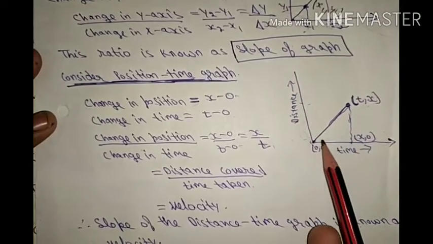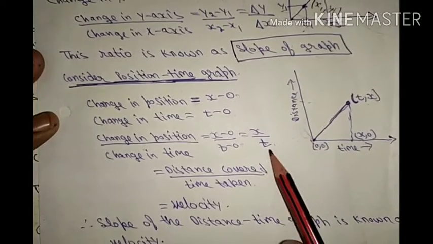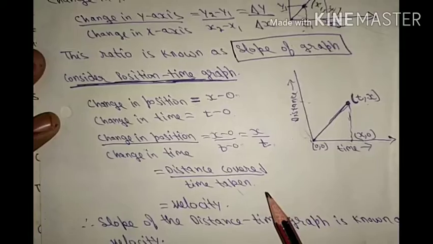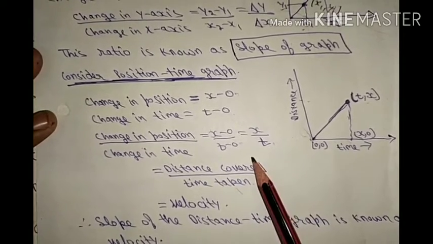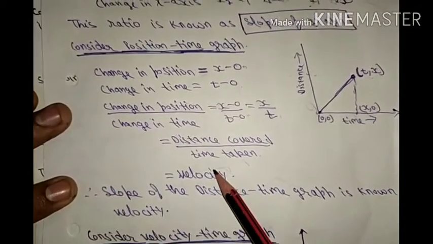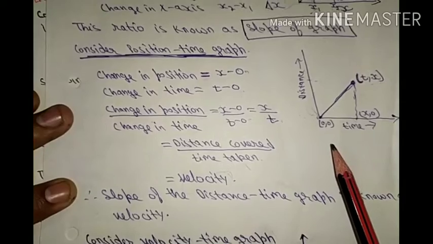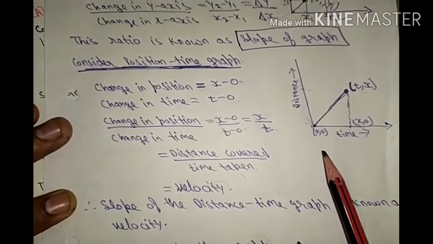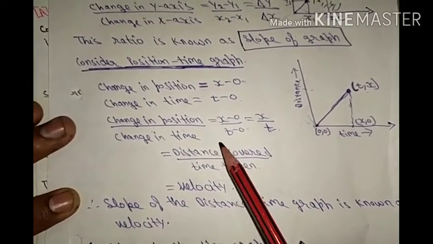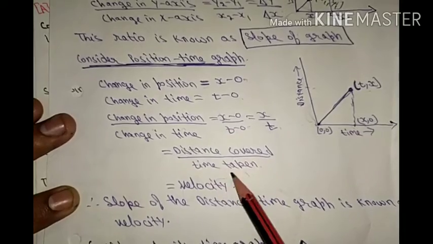So what is x? It is the distance covered by the particle. And what is the time? That is time taken by the particle. And we know distance covered upon time taken is defined to be velocity. So this ratio, change in position upon change in time, that is x upon t, is equal to velocity.